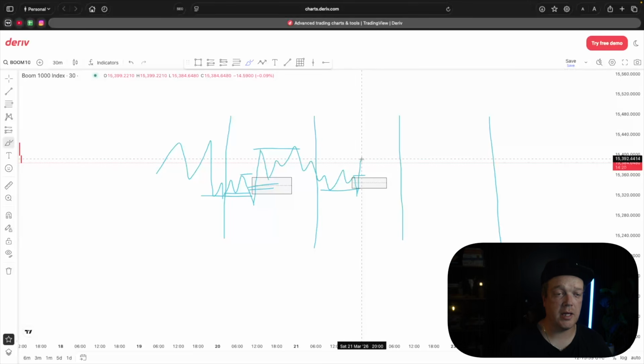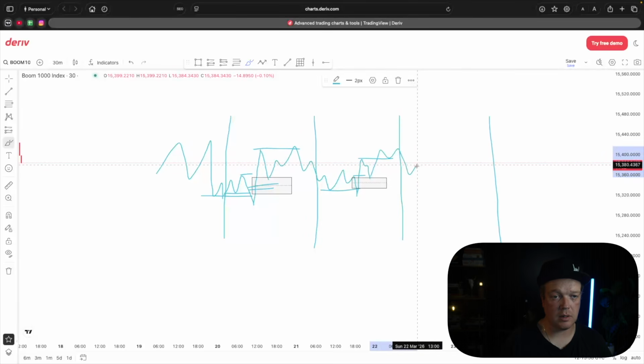If you don't know what that is, please check some of the videos on my page where I explained a little bit more what an order block and fair value gap and everything is. Then when we enter our zone, we mark out the highest point, and that's going to be our target. And then the same thing happens here.